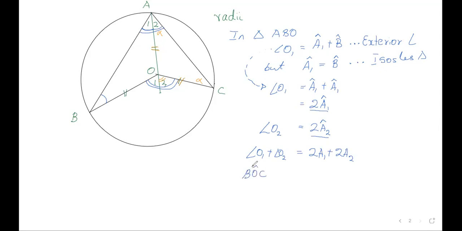And angle BOC is at the center of a circle. This is equal to 2, which is common here. We take 2 out because it's a common factor.